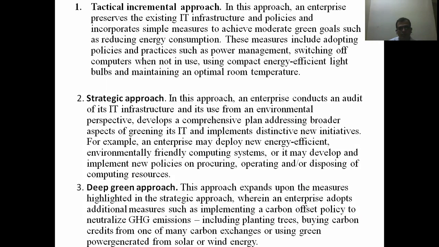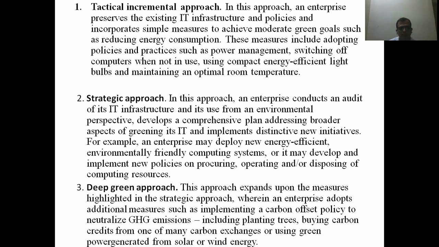The measures include adopting policies and practices such as power management, switching off the computers when not in use, using compact energy efficient light bulbs, and maintaining optimal room temperatures. This is called the tactical incremental approach.